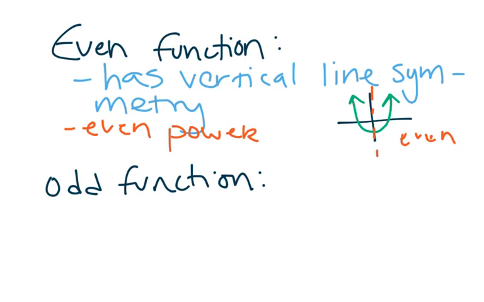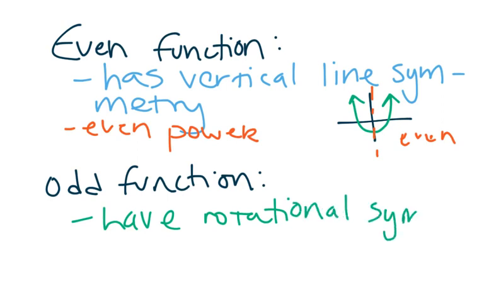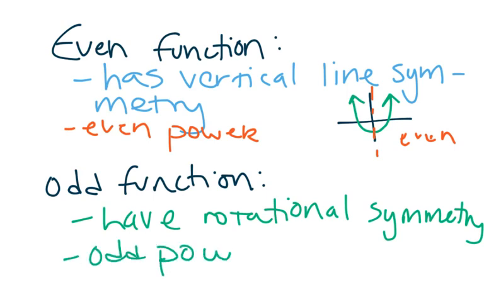The other part is an odd function, and odd functions usually have rotational symmetry. And then we could also have an odd power as well. So, for instance, x cubed would have a rotational symmetry and it's an odd power.